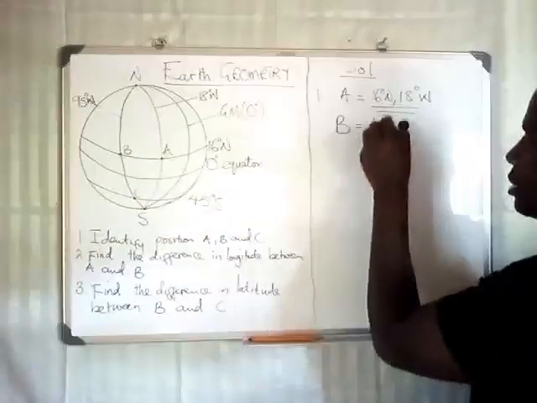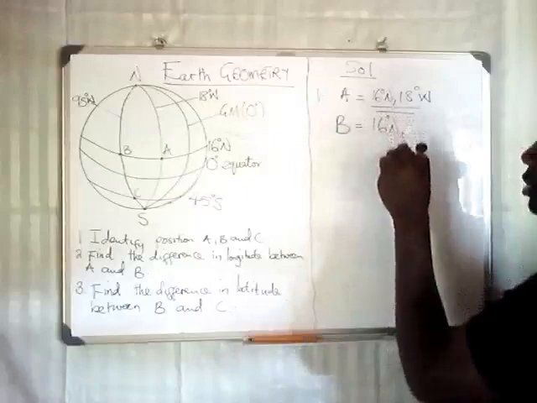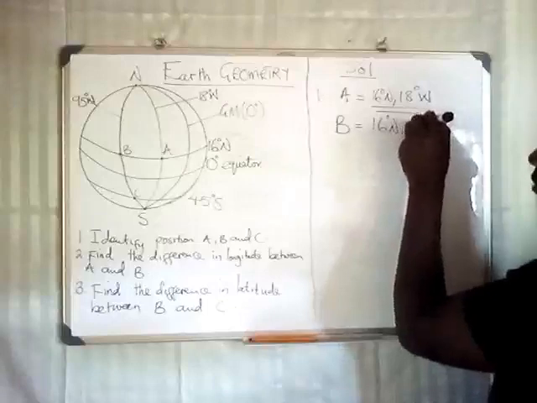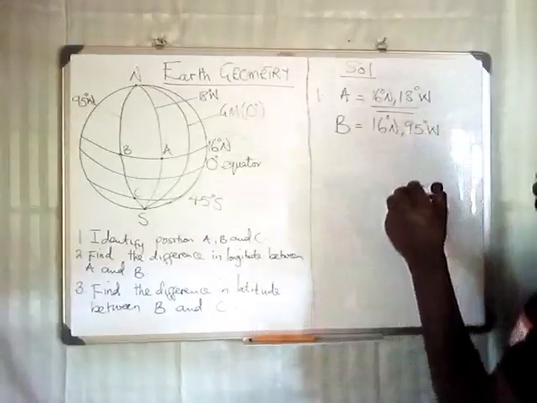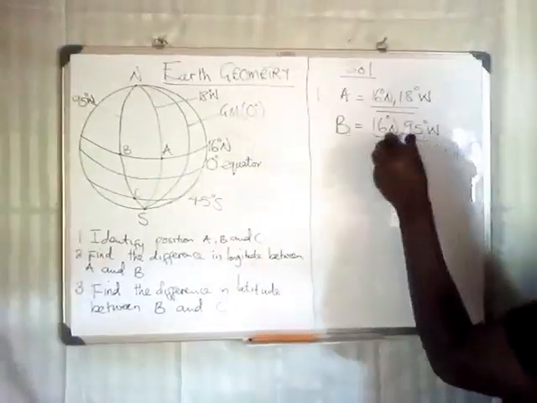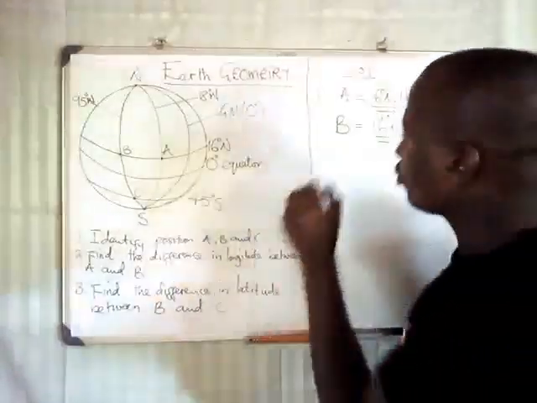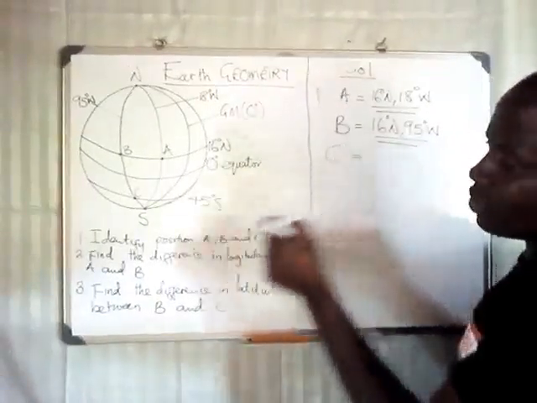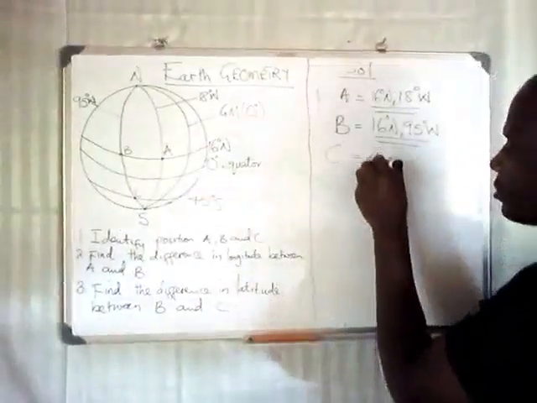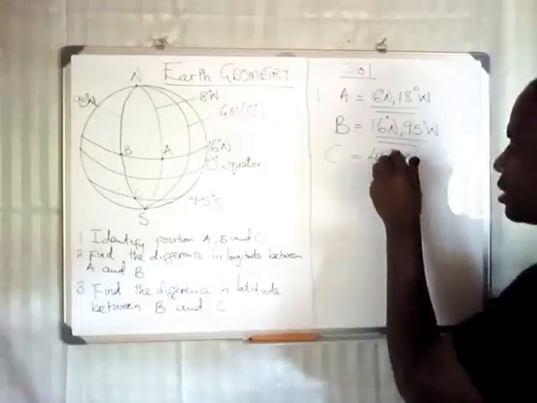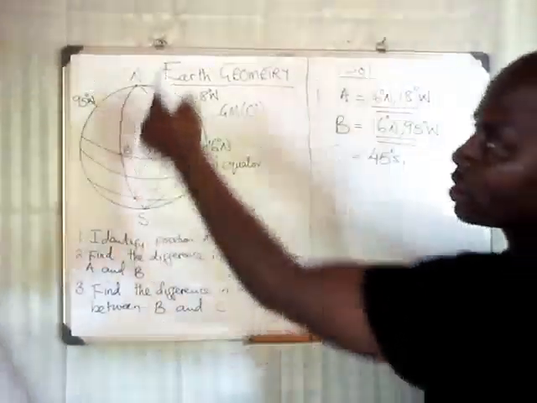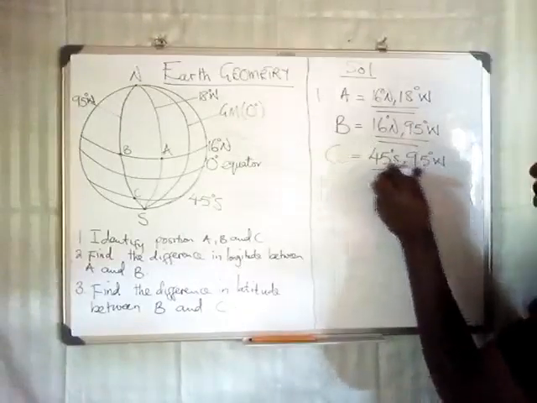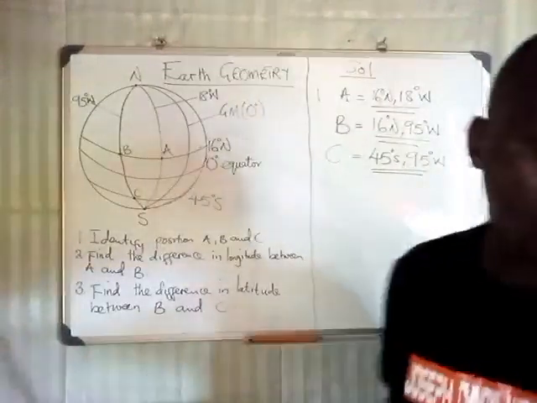It is 16 degrees north, comma, the longitude is 95 degrees west. So we are done with position B. Now we go to position C. What is the latitude here? It is 45 degrees south, comma, the longitude is 95 degrees west. So these are the positions for question number 1.